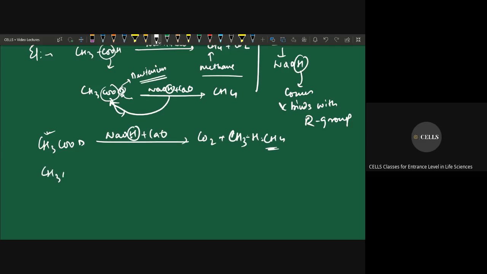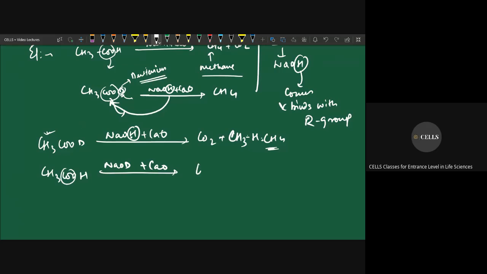Suppose there is H, and there is NaOD, deuterium, and CaO, that is also a soda lime, just the hydrogen is a deuterium. Then what will happen?